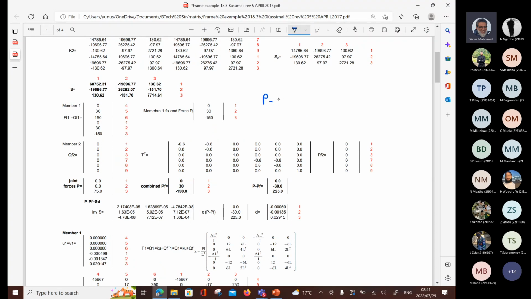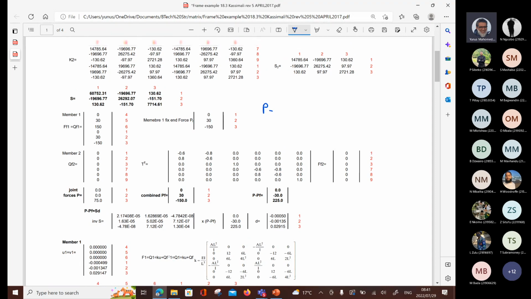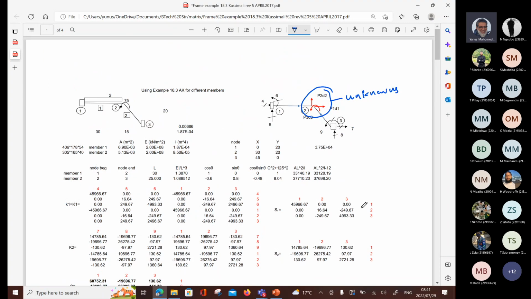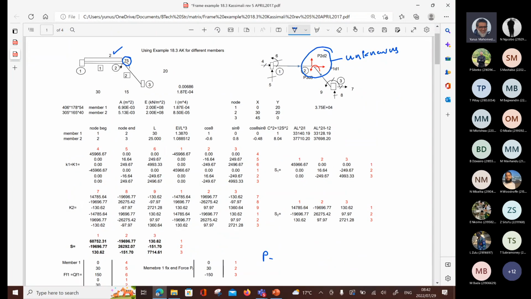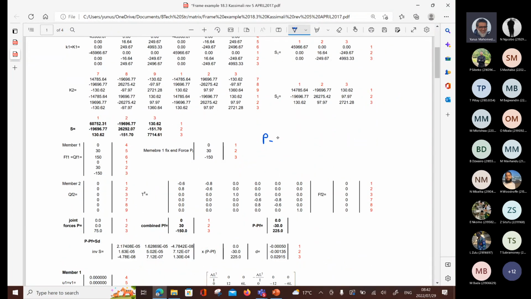For example, in this particular structure, I had a load, which will give me the forces, but I also had a fixed moment applied to the node directly, not the beam or the inclined member. That's where the PF comes in, is equal to S, the stiffness matrix at that connection, times D, which is the displacements.